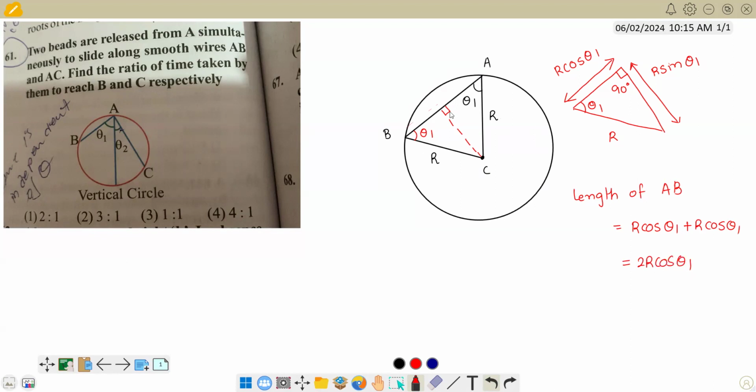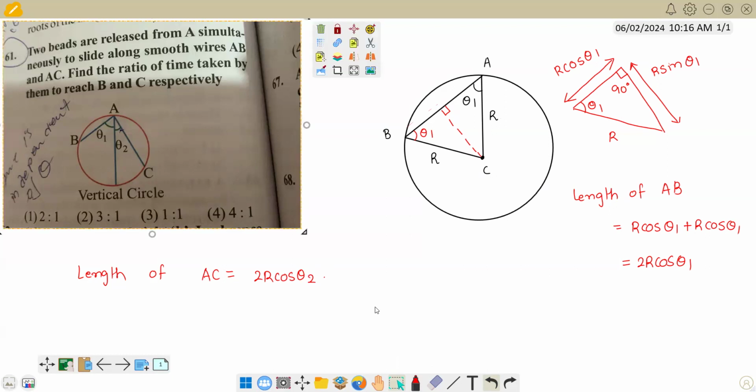Same logic, the length of AC would become 2R cos theta 2. Once we have those lengths, let us continue the problem in the next page.